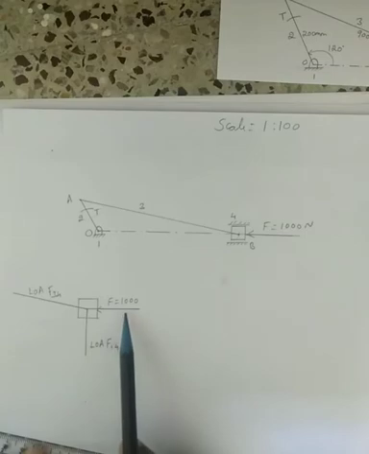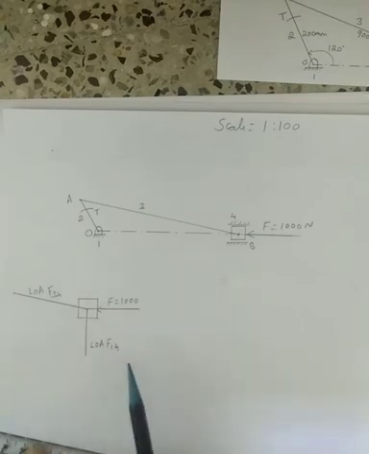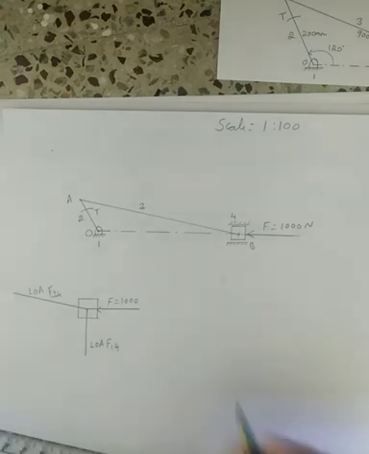I know the magnitude and direction of the applied force F, but I don't know the magnitude and direction of F34 and F14. So in order to find that, I have to draw the force polygon.